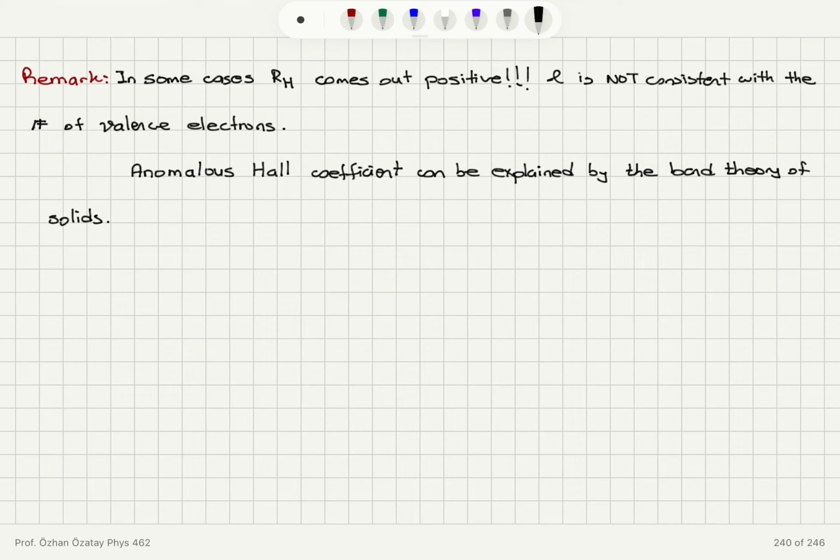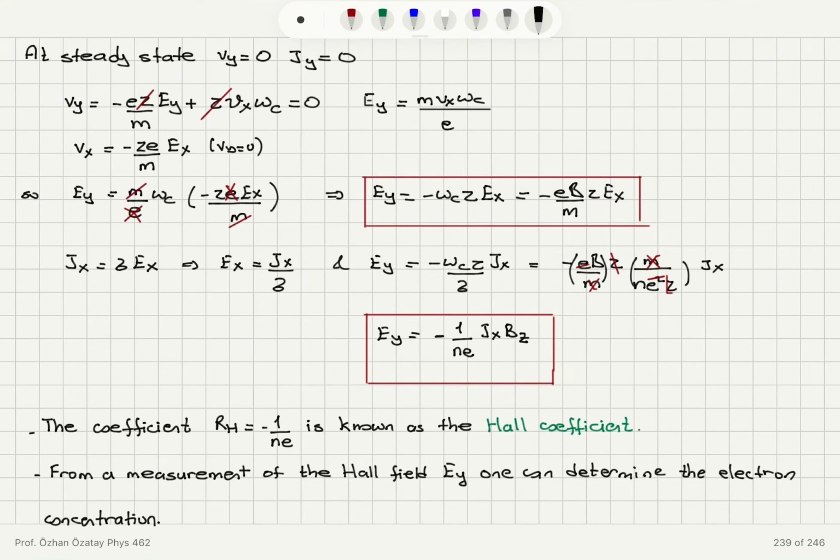That's what we call the anomalous Hall coefficient, and this can only be explained by the band theory of solids. So this is one clue that there is something missing in this theory, because we come up with anomalous Hall coefficients. You normally expect the Hall coefficient to be negative, because the electrons are carrying the current. That's the assumption in this theory.